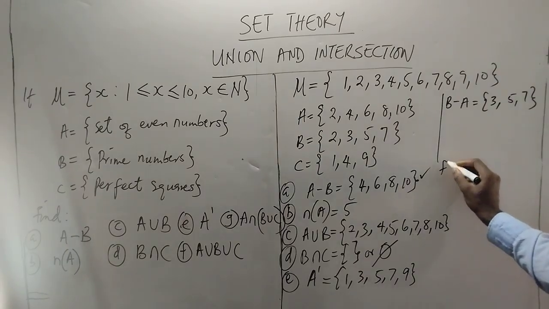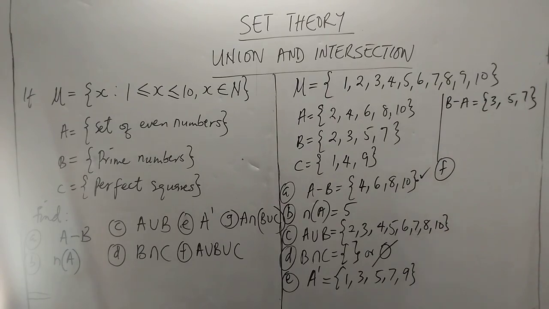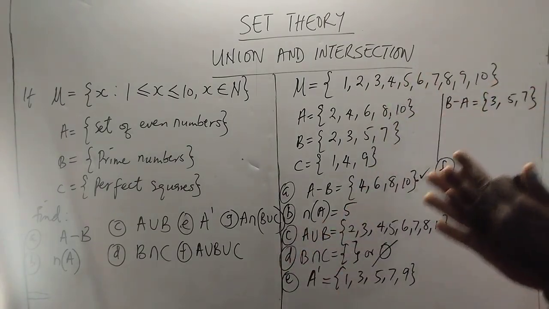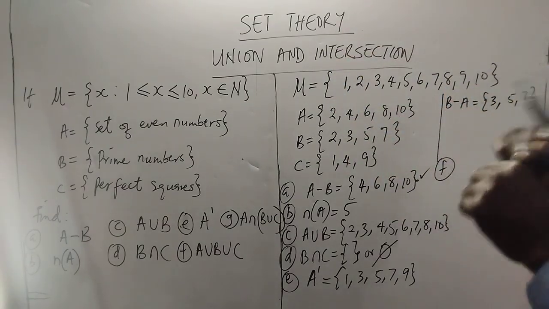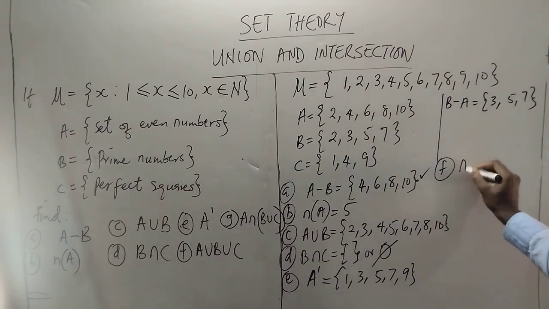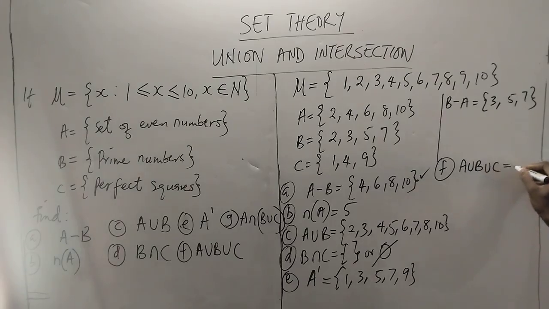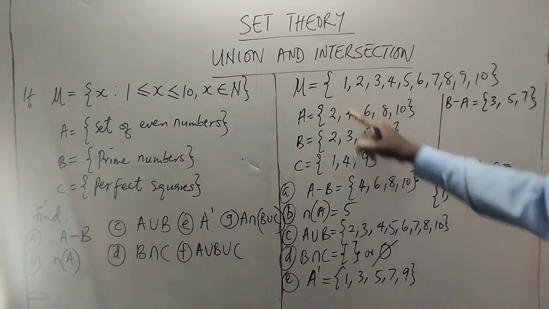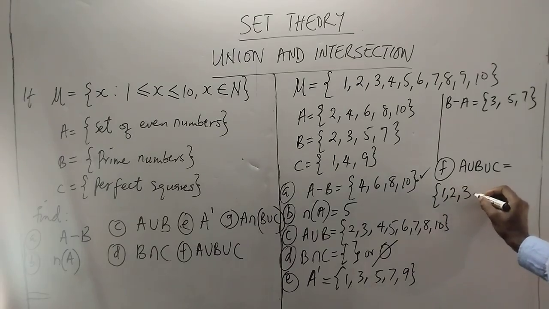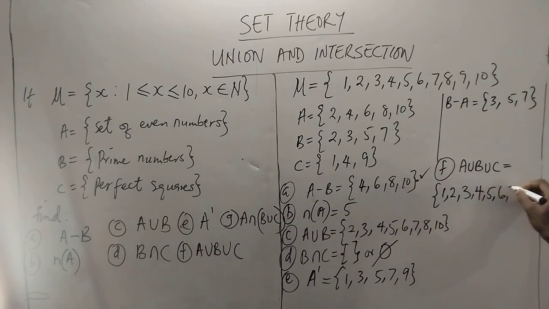We continue. Now for F. F says A union B union C. That means we are going to bring all the elements of A, B, and C together, but no repetitions. In union, don't repeat anything. So we'll have 1, 2, 3, 4, 5, 6, 7, 8, 9, and 10.